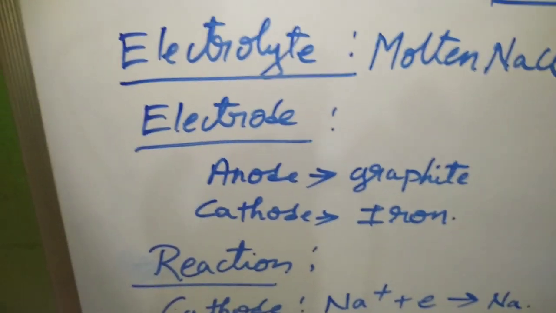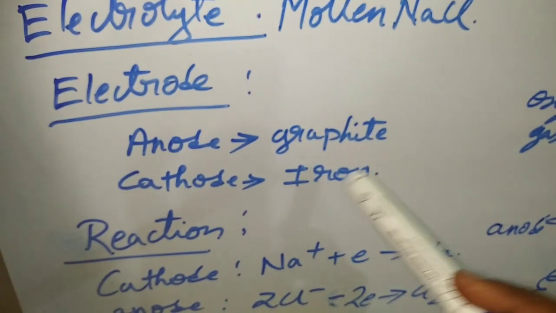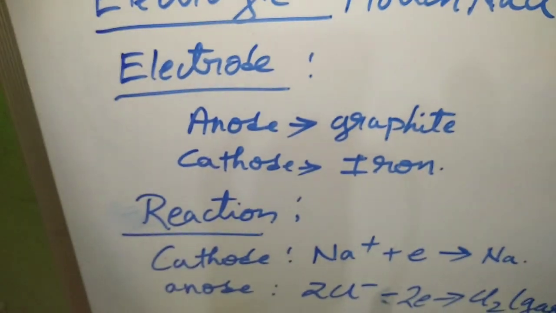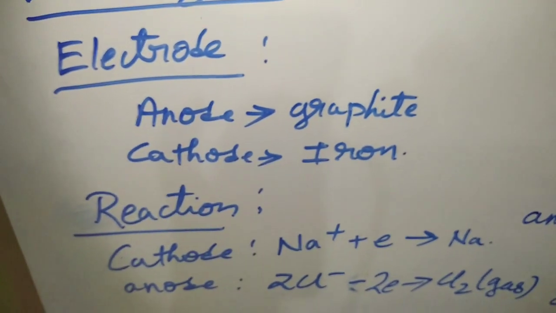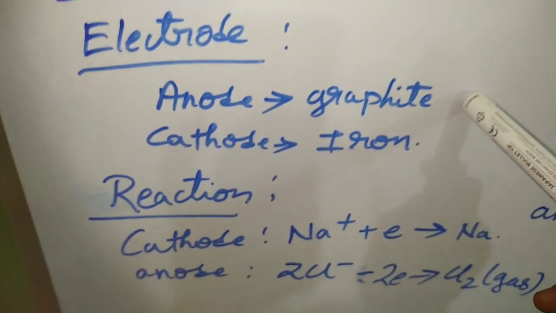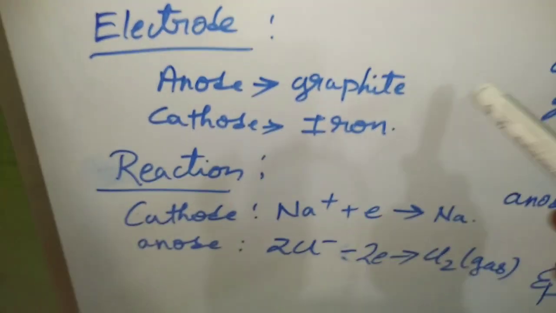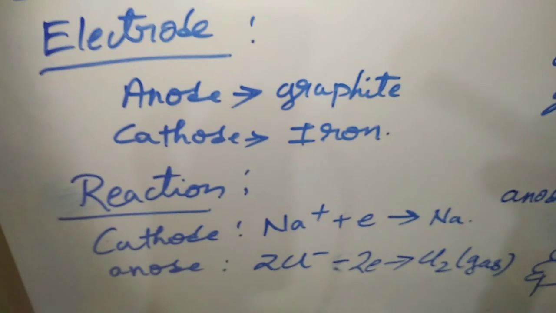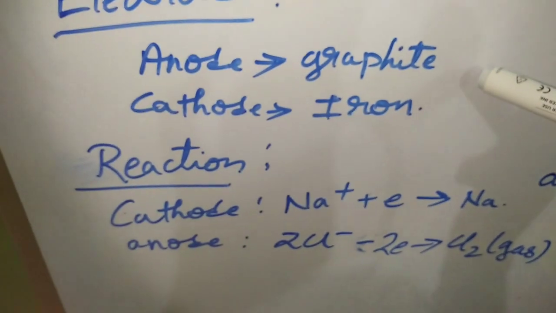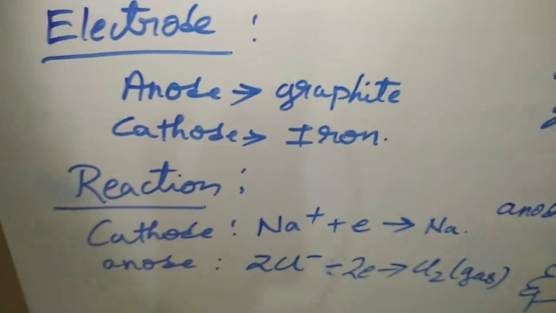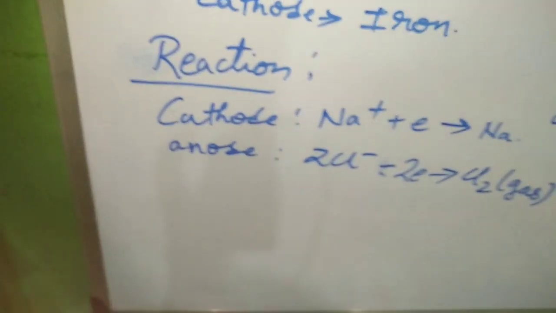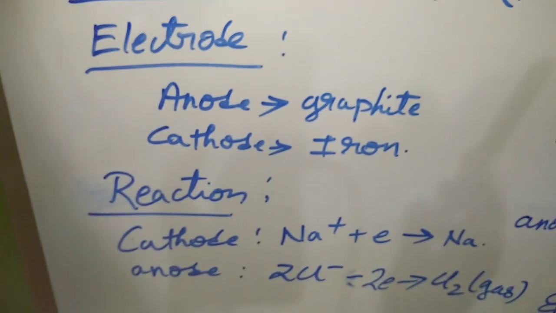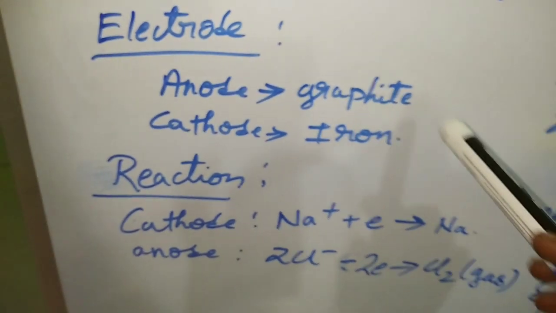Now the electrodes. The anode will be of graphite, and the cathode will be of iron. Graphite is a good conductor of electricity. Maybe it's a non-metal, but still it carries electricity. Electricity can pass quite easily through graphite.